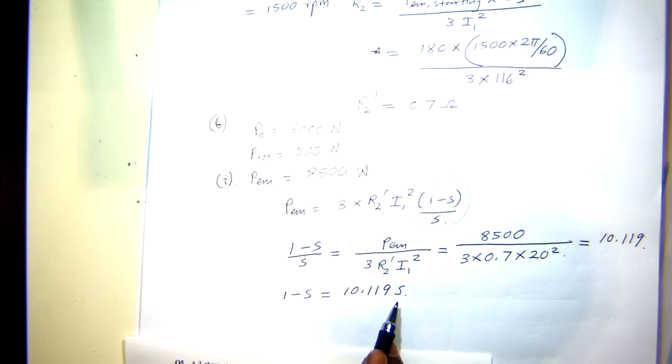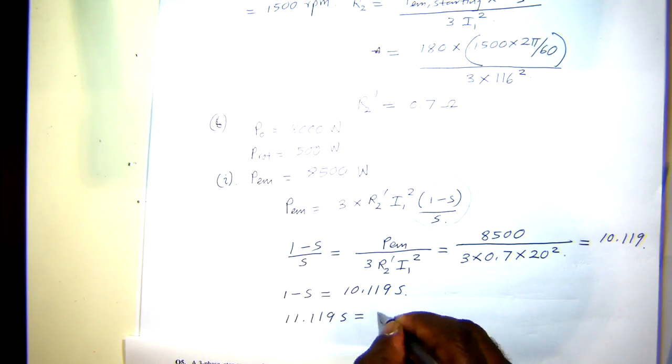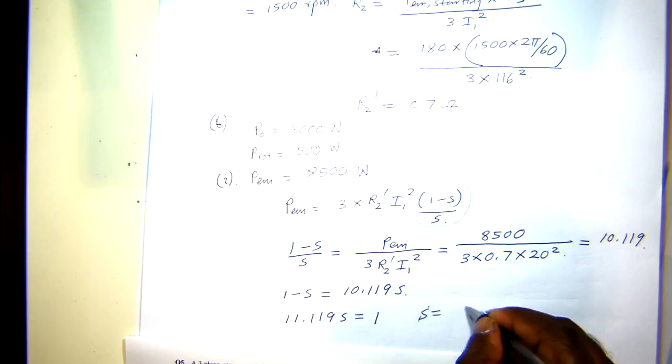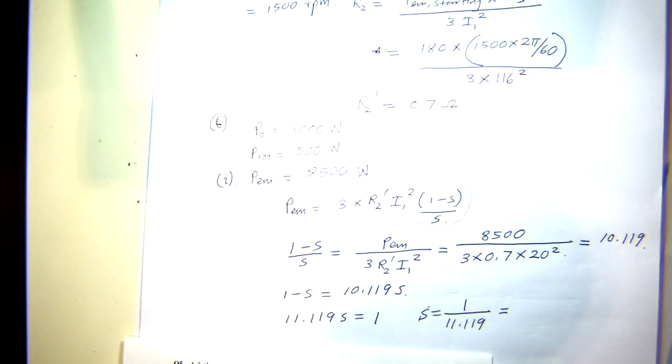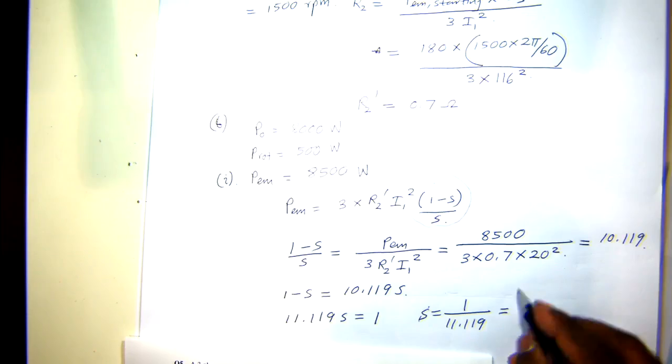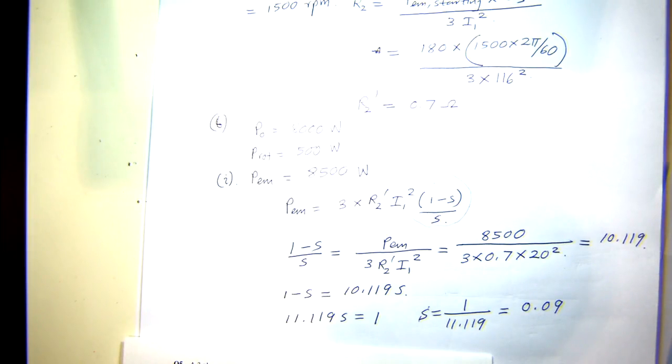You can bring this to the other side, so then it will be 11.119 s equals 1, and the slip will be 1 over 11.119. So the slip will be 0.09. That's the slip.